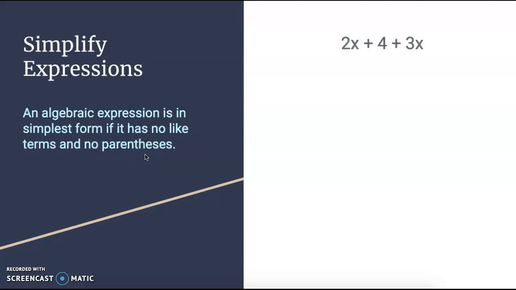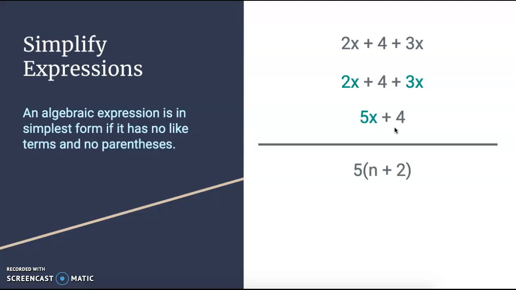So here's what it looks like. In the expression 2x plus 4 plus 3x, this is not in simplest form because it has like terms with the 2x and the 3x. So when we combine those and make it into 5x and then bring down the plus 4, 5x plus 4 is in simplest form because it no longer has any like terms and it has no parentheses.